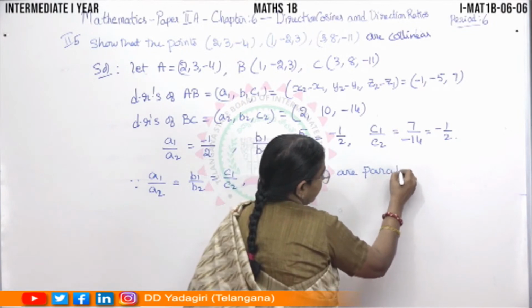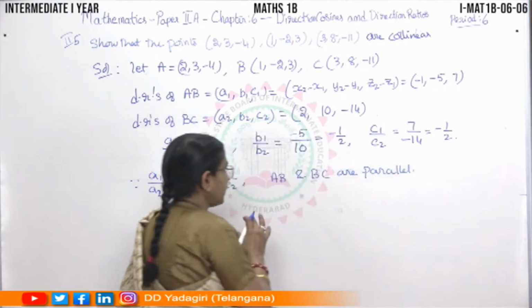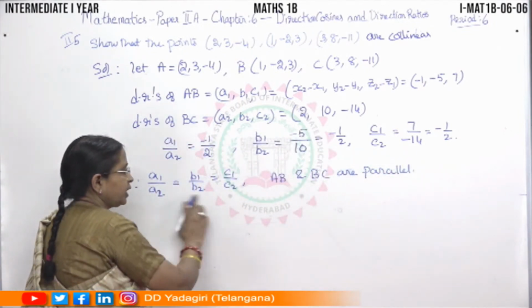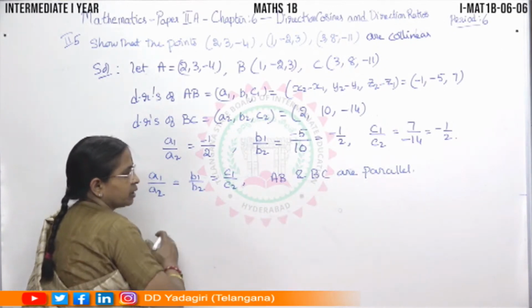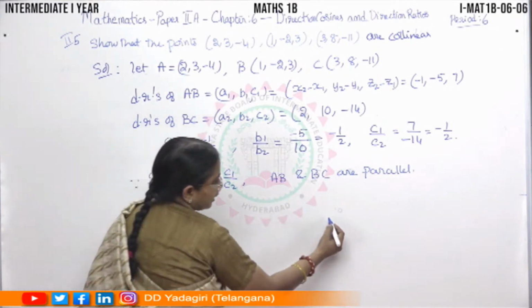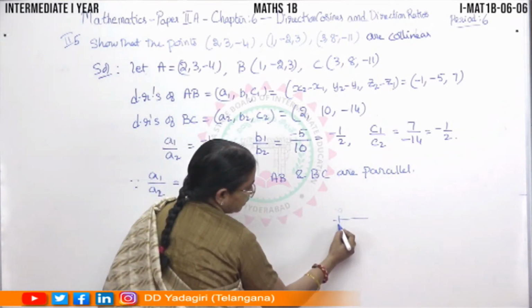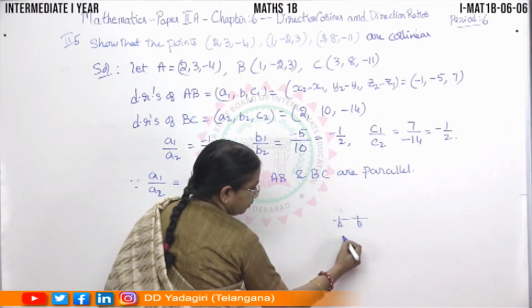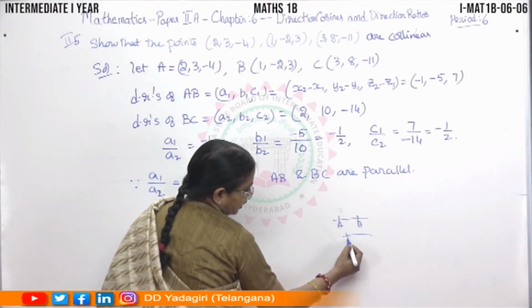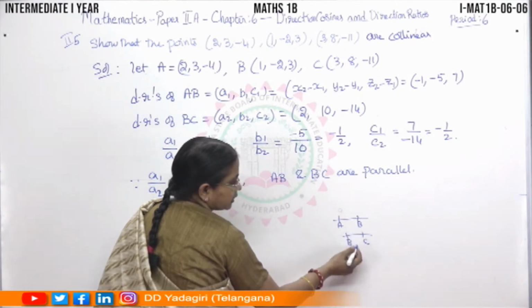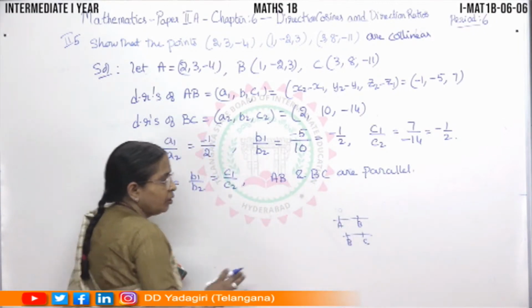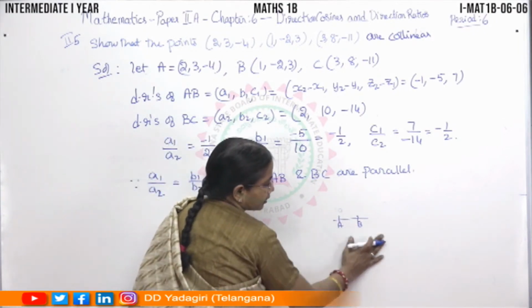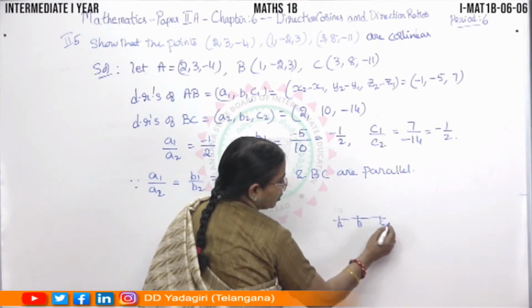There we derived the condition for parallel lines. If the direction ratios are proportional, then they are parallel. But can you have AB here, and B at some other point and C like this, so that they can be parallel? No, B is the common point. So it has to be like this only.